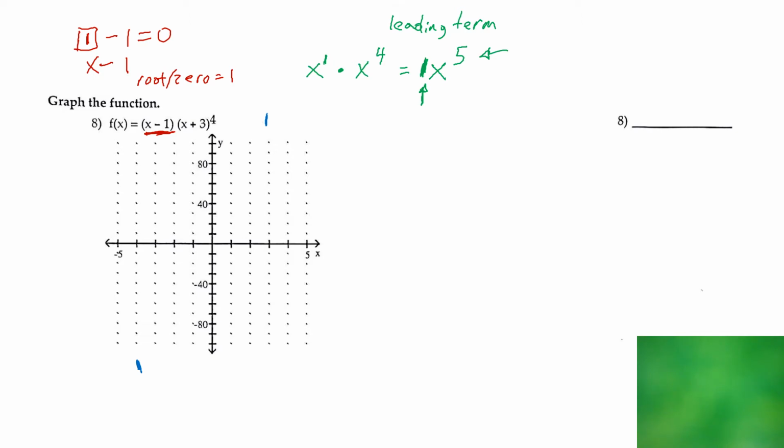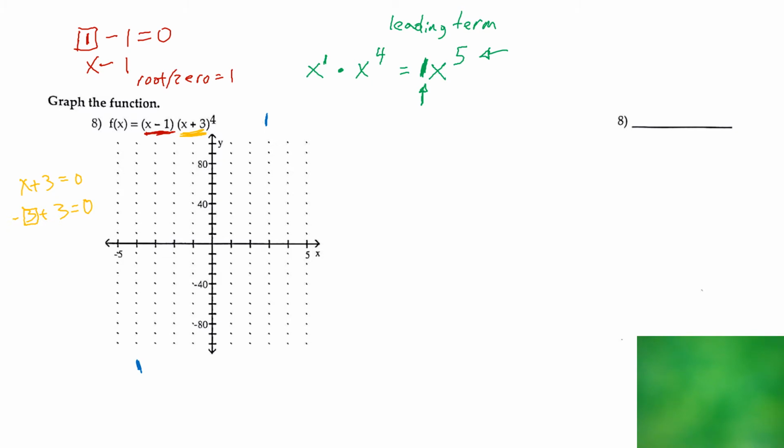What about x plus 3? If you have x plus 3 equals 0, what would the root be? Well, clearly, negative 3 would work. So that means the root here is going to be negative 3.